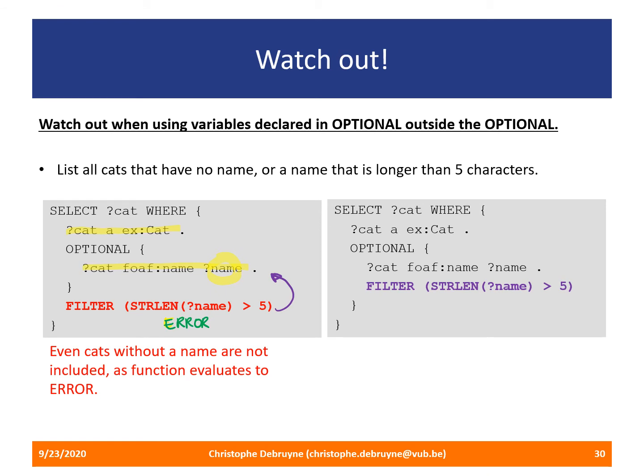And if a cat has more than one long name, obviously you should put a distinct here. But this example just demonstrates the issue of using unbound variables outside the optional pattern.